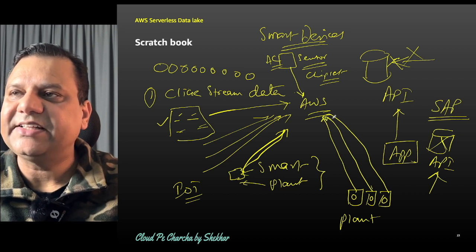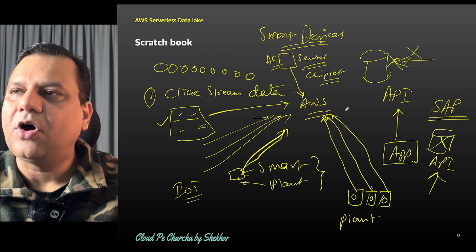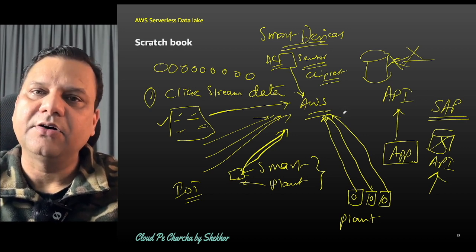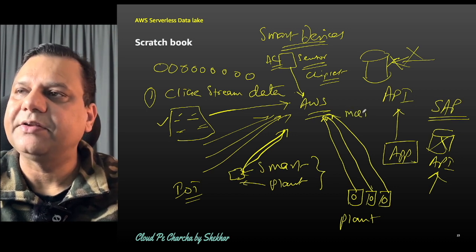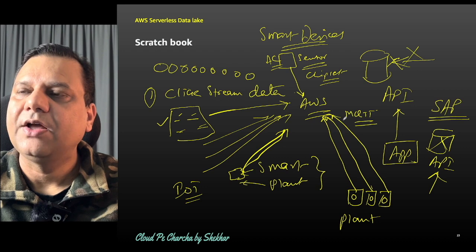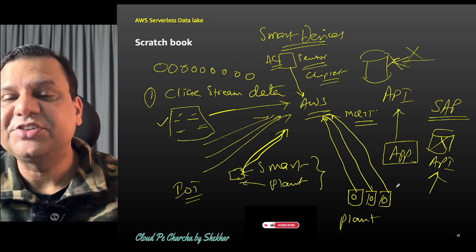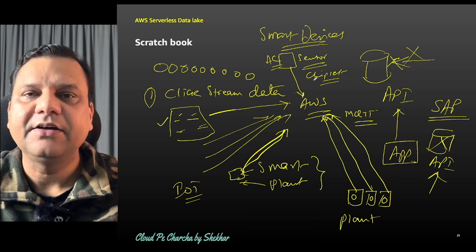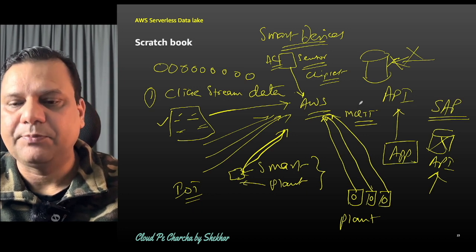When they are sending this data to the cloud, they generally work on a certain manufacturing or industrial protocol. The most common one is MQTT. On the AWS side, again, there are very specific services meant to capture this kind of IoT data, which communicates over the MQTT protocol.